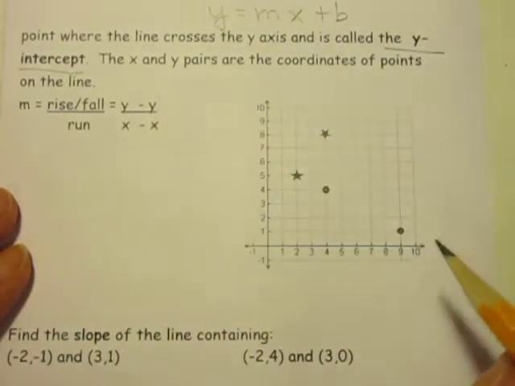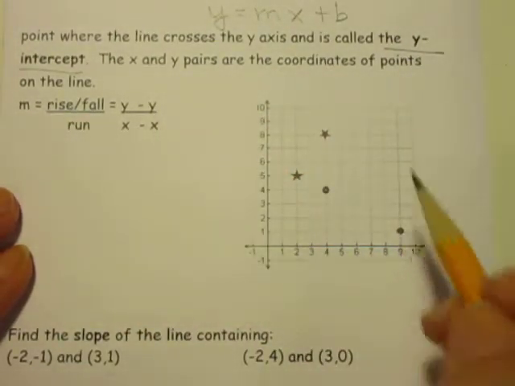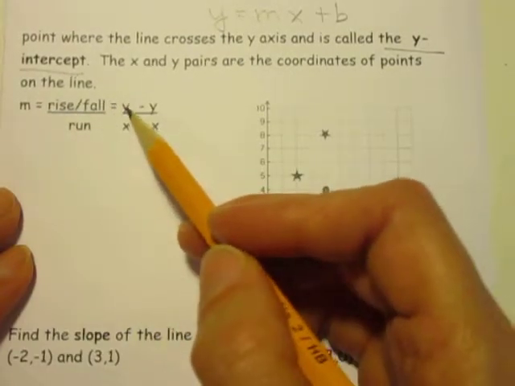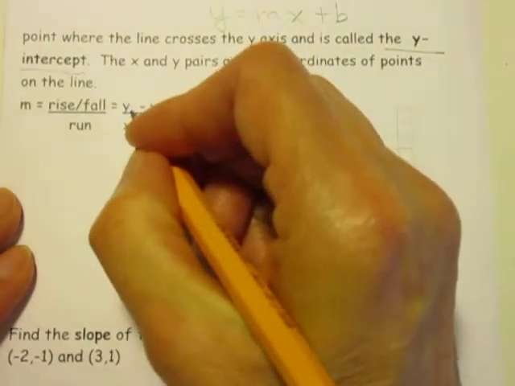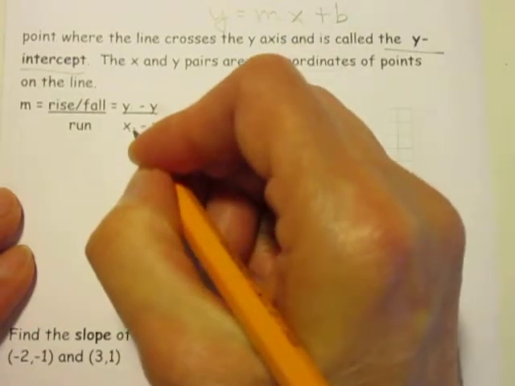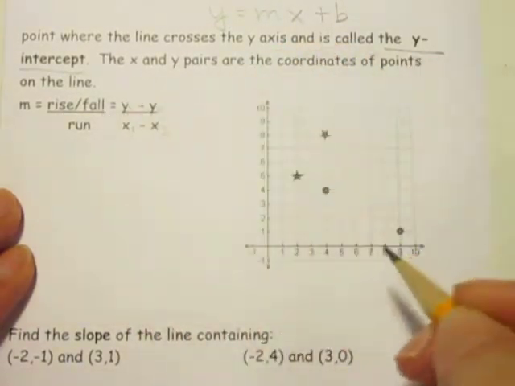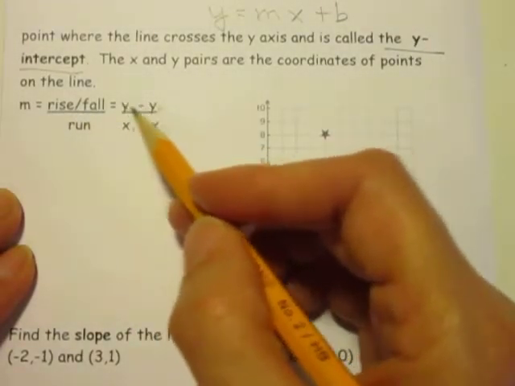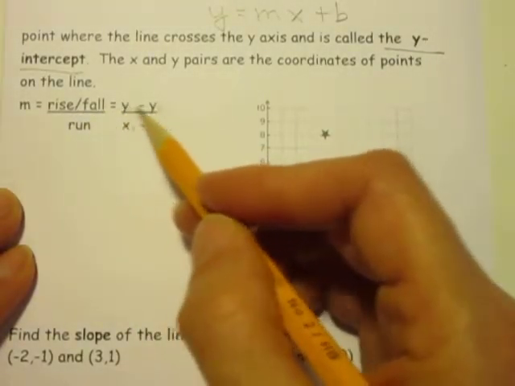Okay, so we're going to start out looking at the formula for slope, which is rise or fall, which is change in y, and I should write y1 and y2 here, x1 and x2, so you recognize those are different points there. The rise and fall, the change in y. Rise or fall is change in y.